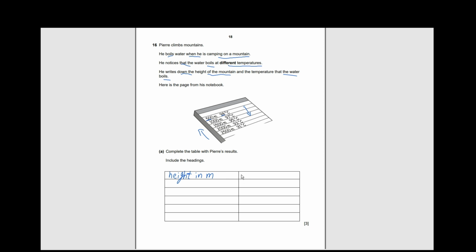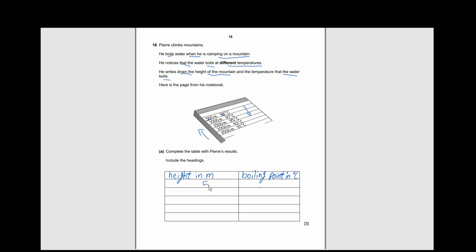Temperature or boiling point in degrees. I write boiling point, it's better. You can write temperature in degrees Celsius as well. Boiling point in Celsius degrees.